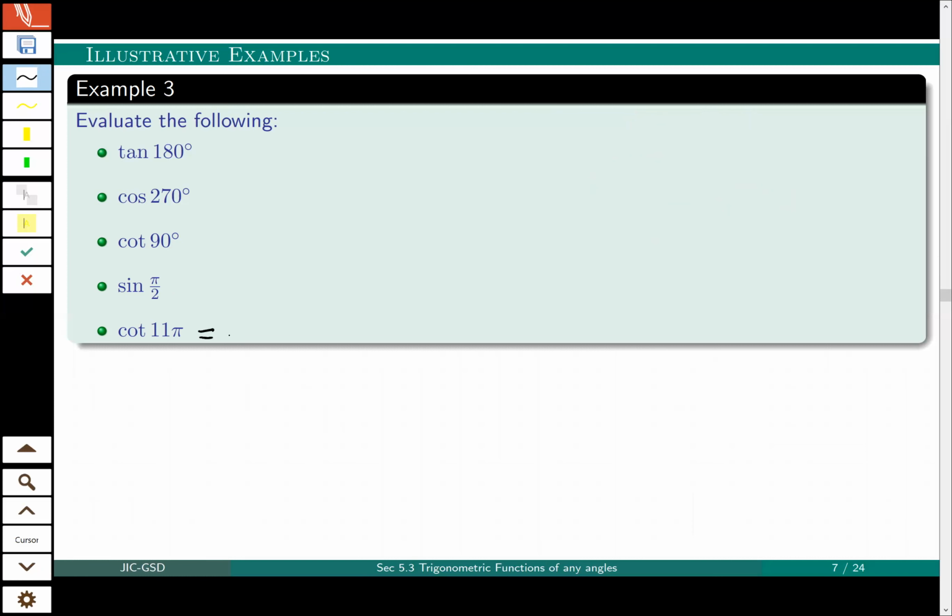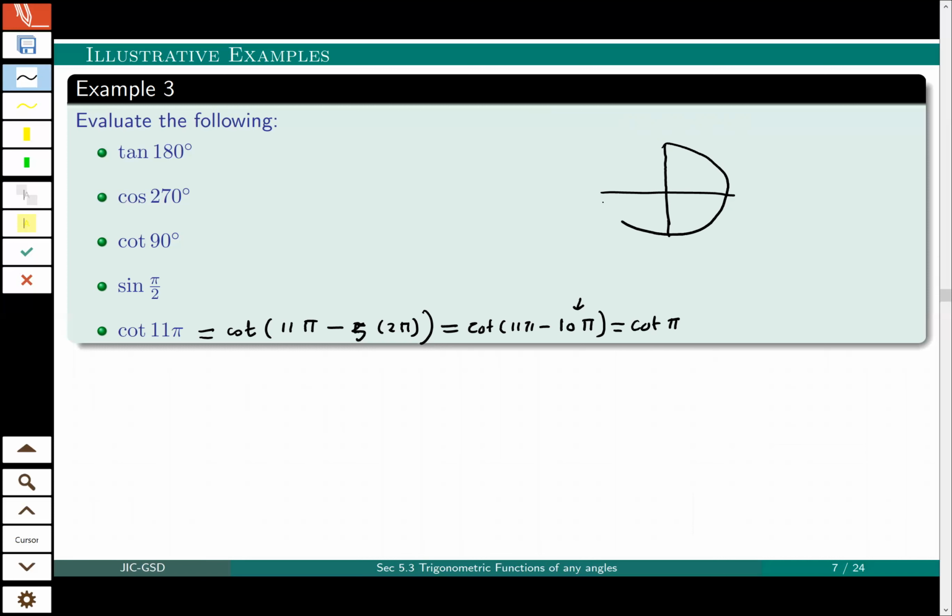Cotangent 11 pi, it's actually cotangent 11 pi minus 5 revolutions, 5 times 2 pi. And that's a coterminal angle, so cotangent 11 pi is equal to cotangent 11 pi minus 10 pi, because 10 pi represents complete circles, so it will be cotangent of pi, and cotangent of pi is equal to what? We need to go to the unit circle and say this is minus 1 and 0.